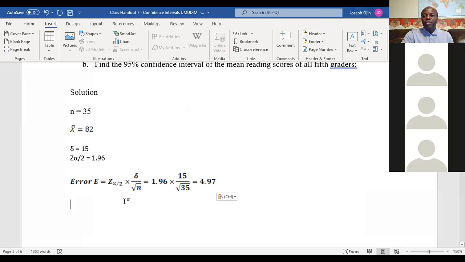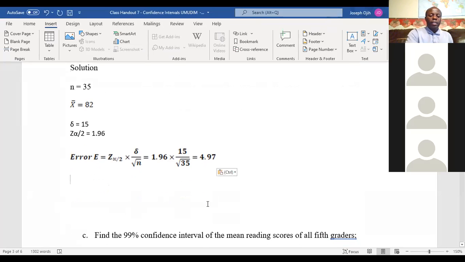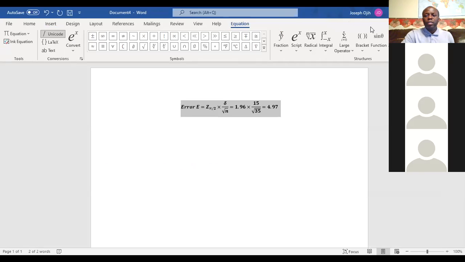Now the confidence interval is very easy. Remember it says find the 95% confidence interval. Once you have the error margin, the 95% confidence interval is X bar minus error. I'm going to get it from the main book because the character for X bar is not here.